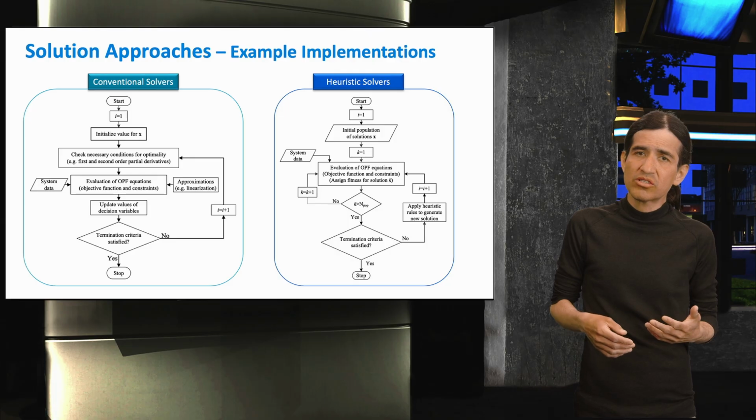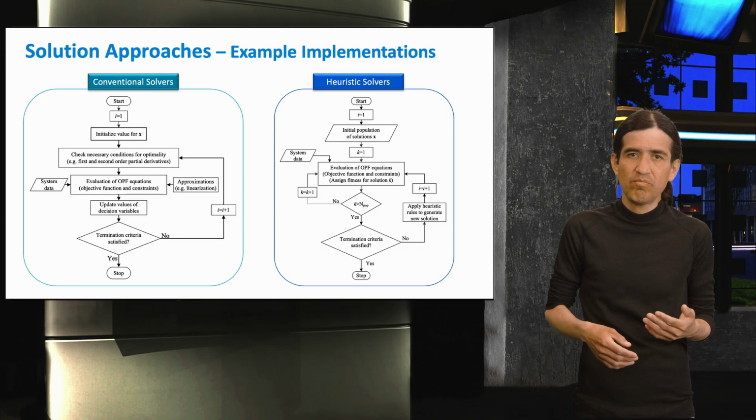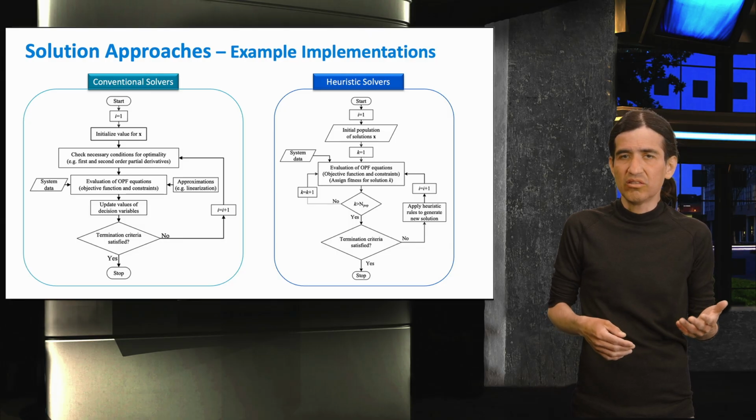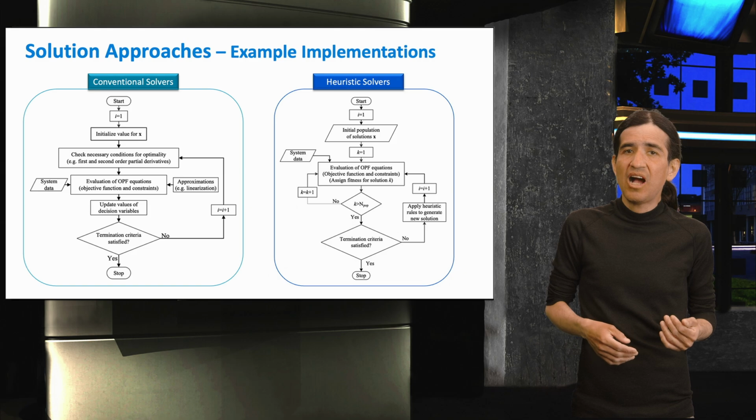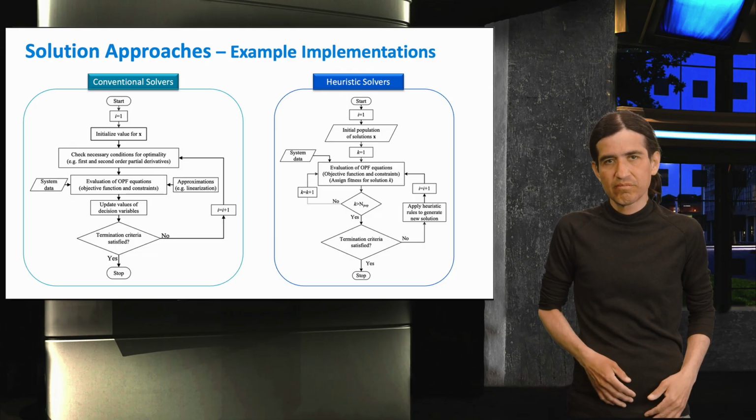The procedure continues until a stopping criterion is met, for instance, a maximum number of iterations is reached or convergence is achieved, yielding a high quality, often near optimal solution that satisfies optimal power flow constraints.